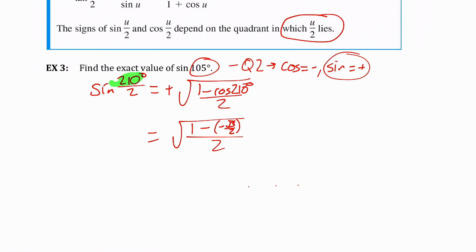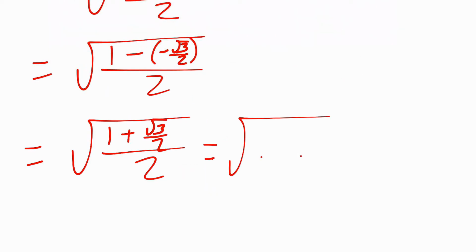Now, folks, we can clean that up a little bit more. We got square root of 1 plus root 3 over 2, over 2. I forgot that part. And from here, you've got a couple options. I would suggest breaking these up. I'm going to break it down into the square root of 1 over 2 plus root 3 over 2, over 2.